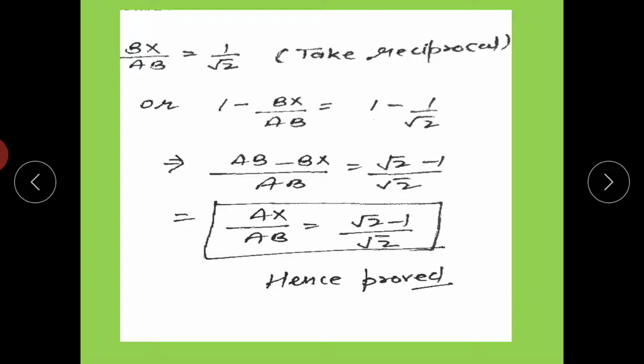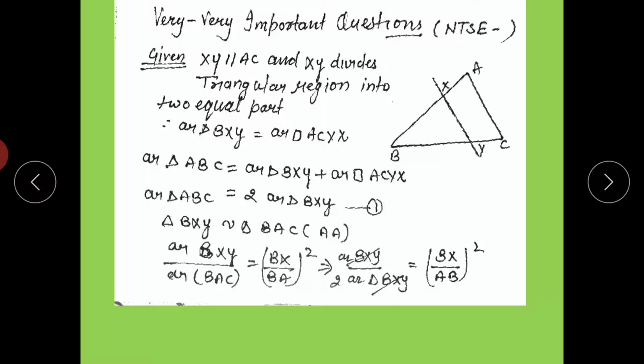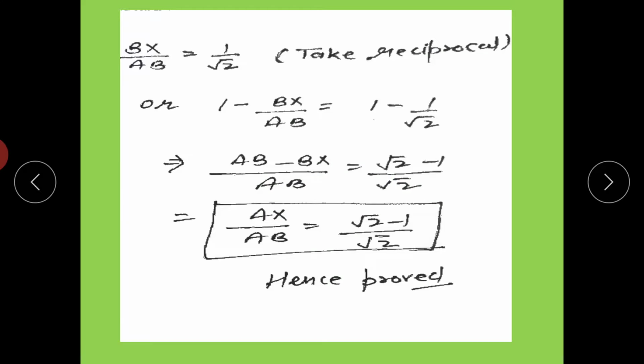Then you have to remember this point. How are we going to find AX upon AB? That can be found out. From the figure, we subtract BX from AB, then AX is left. Then you have to think here that if you are subtracting from AB, you have to subtract from 1 on both sides.